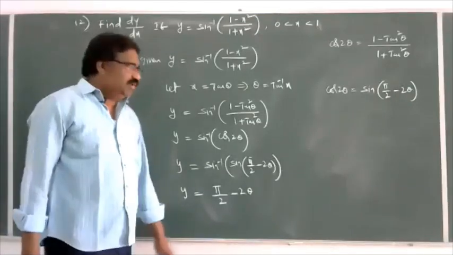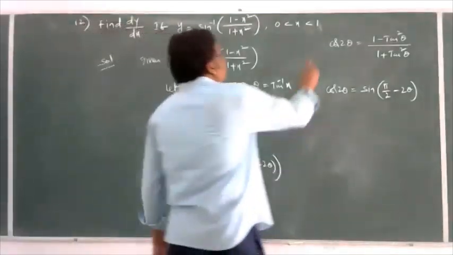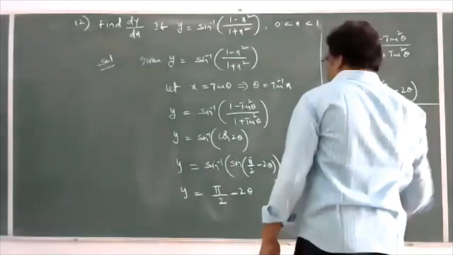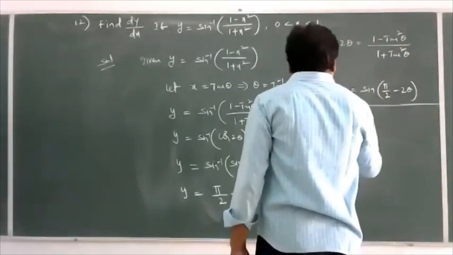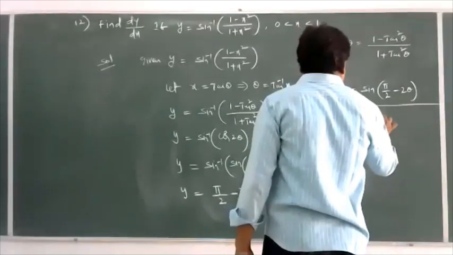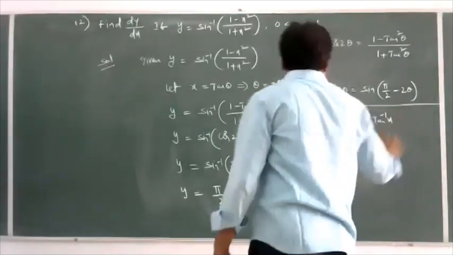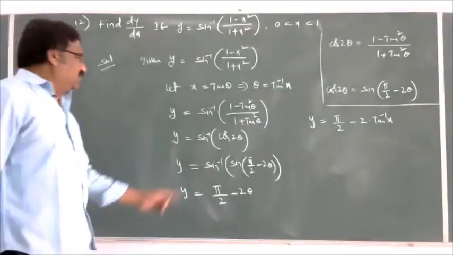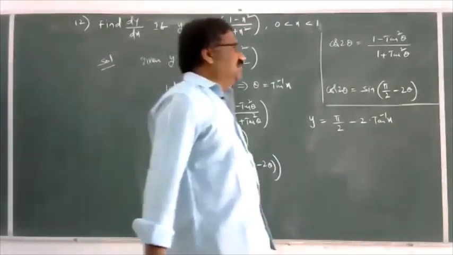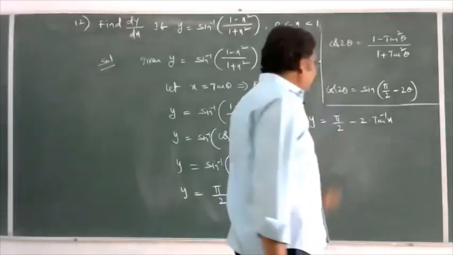Then substitute theta is tan inverse x: y is equal to pi by 2 minus 2 into tan inverse x. This is the simplified form.